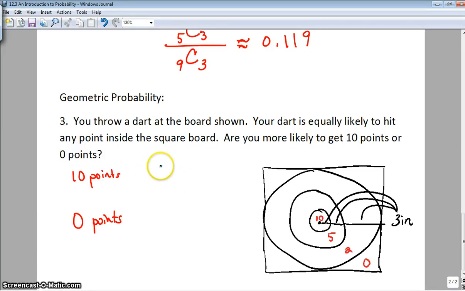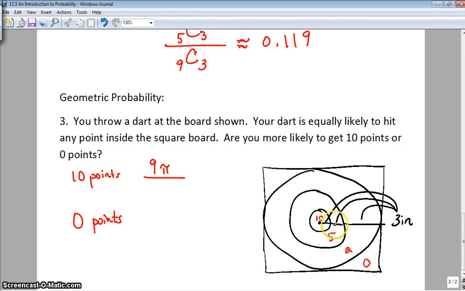So the area of that inside circle is pi times 3 squared, which is 9 pi, out of the total area of the whole square or rectangle. Let's see what it is.